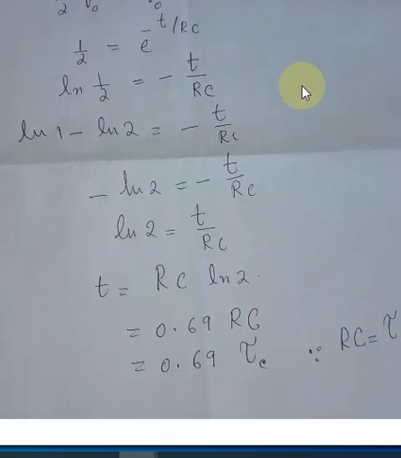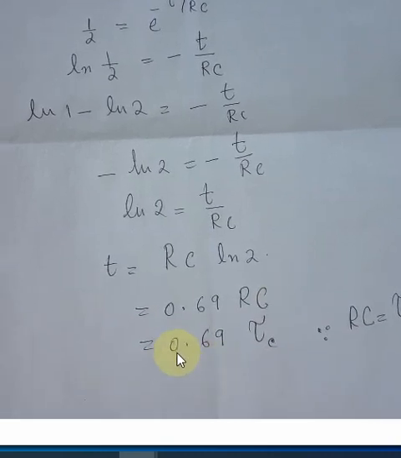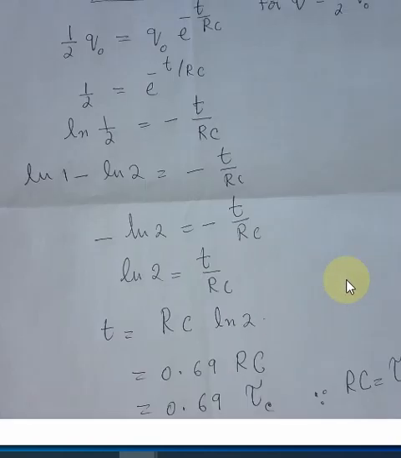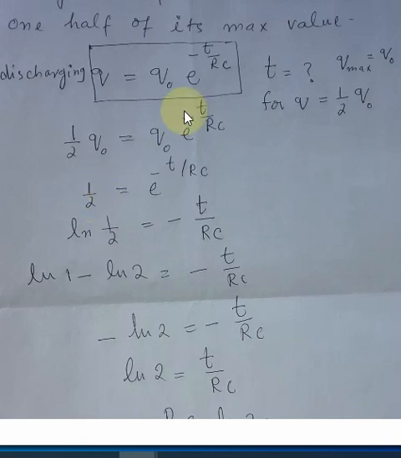And the answer is the number of time constants is 0.69. This is a little bit more than half of tau c. So in this much time, the charge will reduce to half of the maximum charge on the capacitor, that is to half of Q naught.